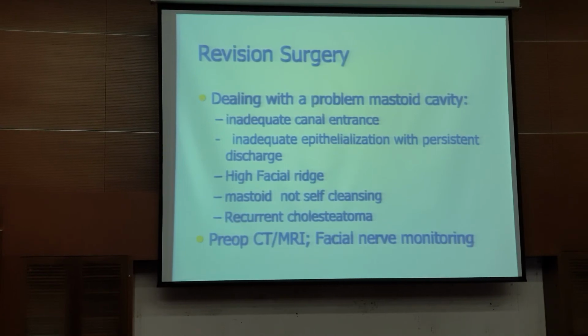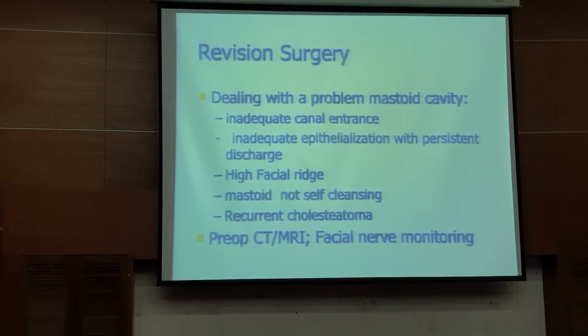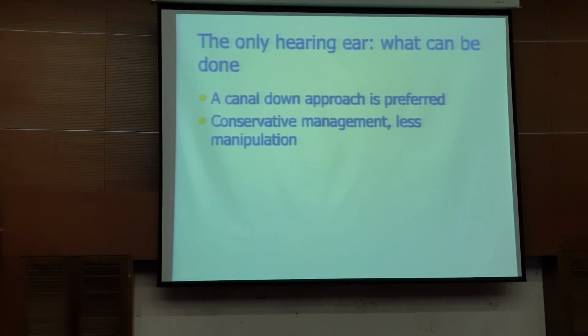So the proper consent consists of the procedure itself, the risks that the patient may have intra-op and post-op, the hearing, whether this patient ends up with a profound hearing loss. Okay, and number 3, whether the patient has residual hearing following revision surgery. Sometimes patients underwent 3 operations, 4 operations. How about the only hearing ear?